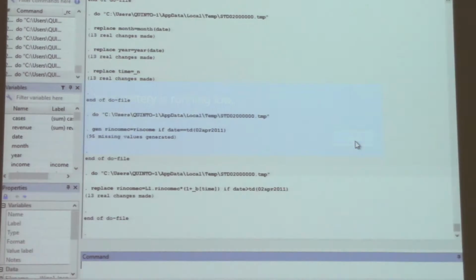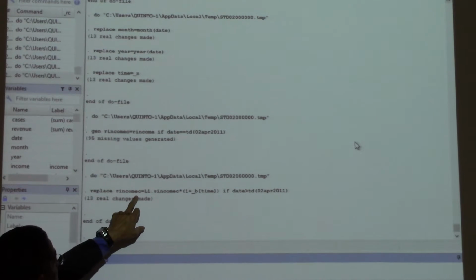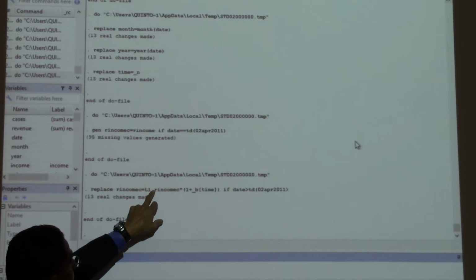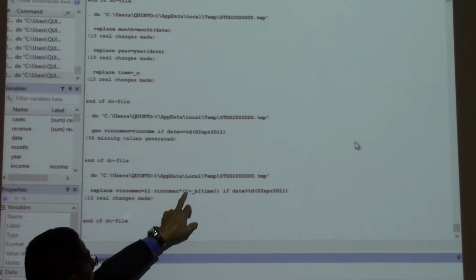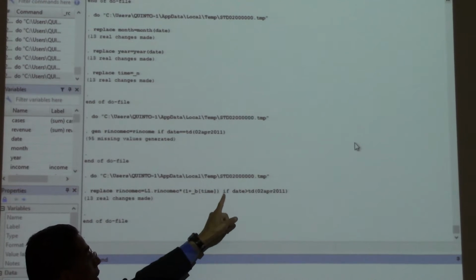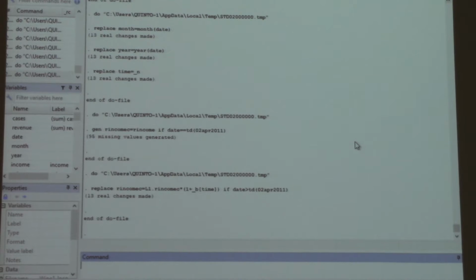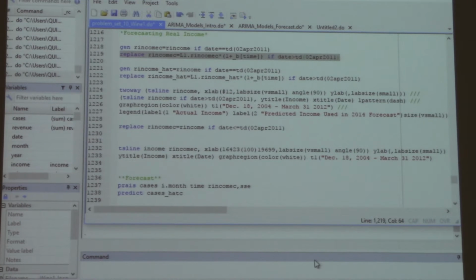Okay, we're good. Basically, I'm replacing real income with income from the previous period times 1 plus my coefficient from my regression, the 0.0021. And this is only for the dates after the data ends. So what we should have is a nice filled-in set of forecasted incomes.